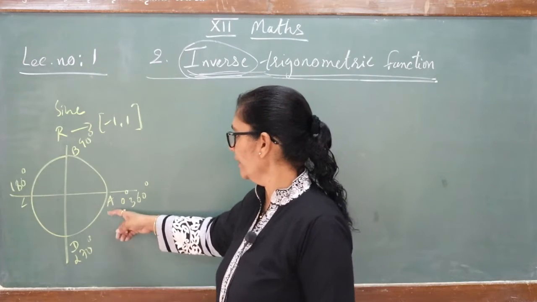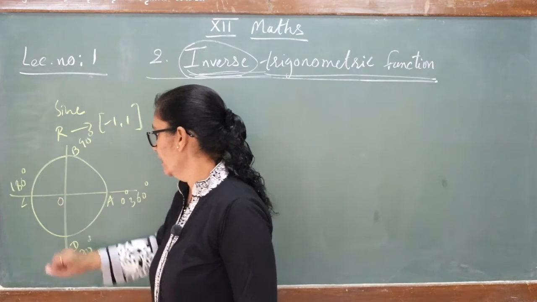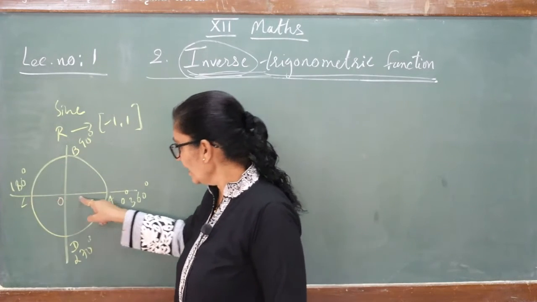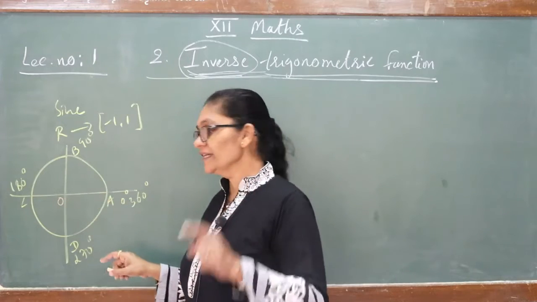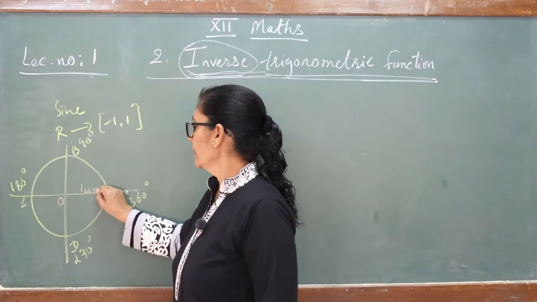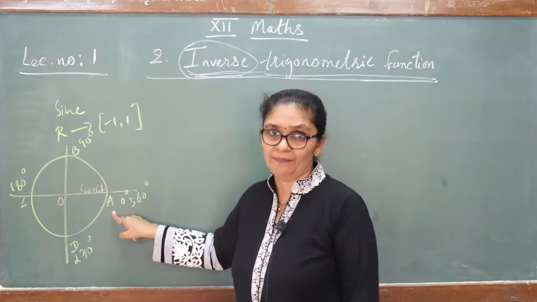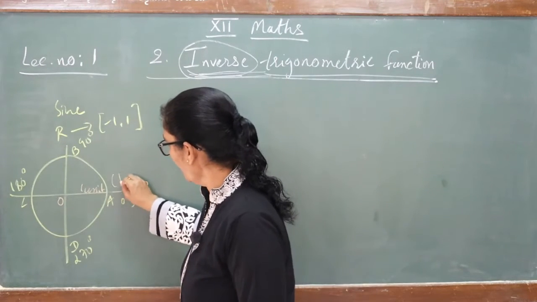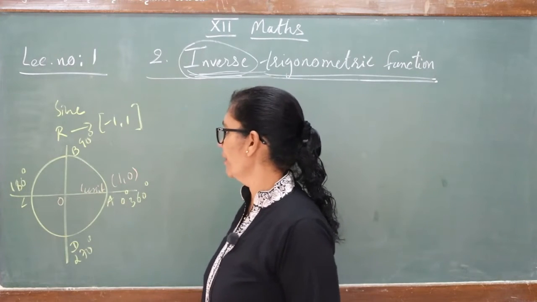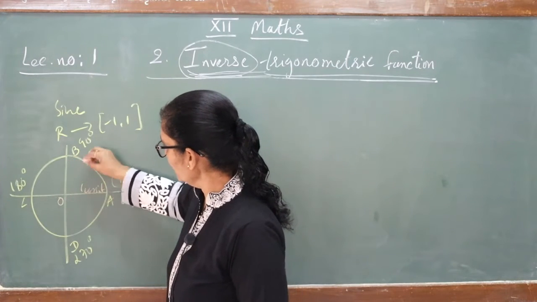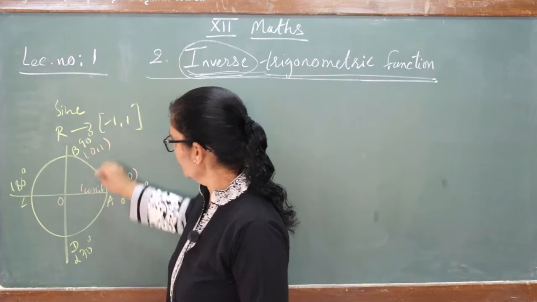Now what is the coordinate of it? Unit circle means the origin is here, and unit means the radius is 1 unit. If the radius is 1 unit and A lies on the x-axis, its coordinate will be 1 comma 0. Now this is on the y-axis, so the coordinate will be 0 comma 1.